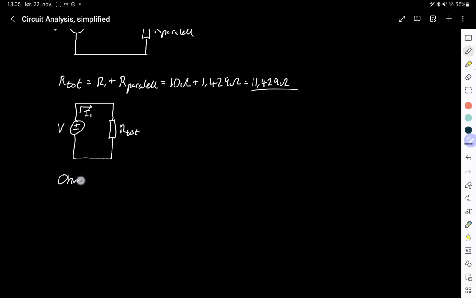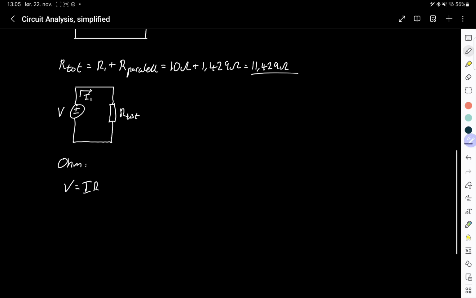So by using Ohm's law, we know that V equals IR. This means that I1 will be V over R total, which is 100 volts, which is what we defined, divided by 11.429 ohms, which is approximately equal to 8.7475 amperes.